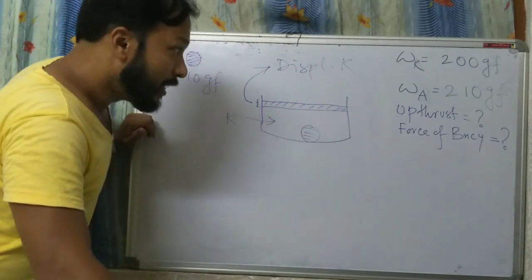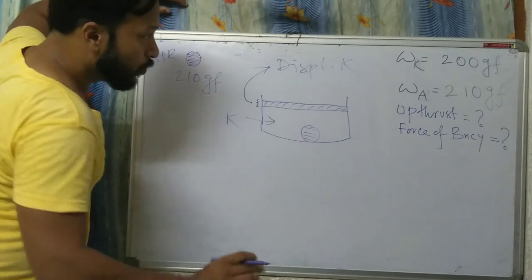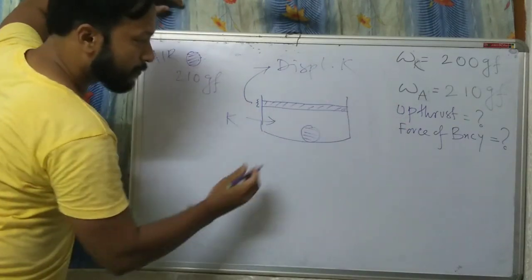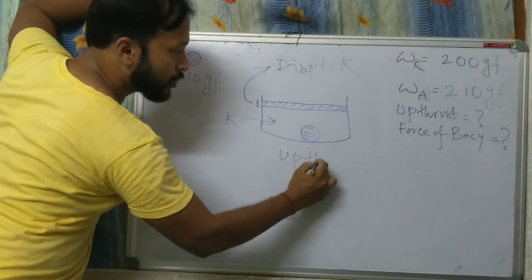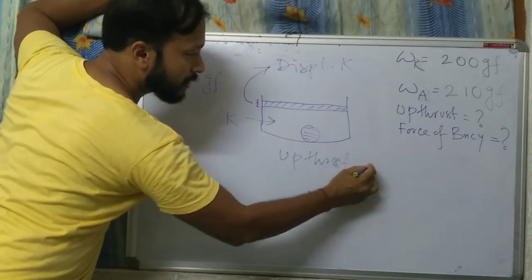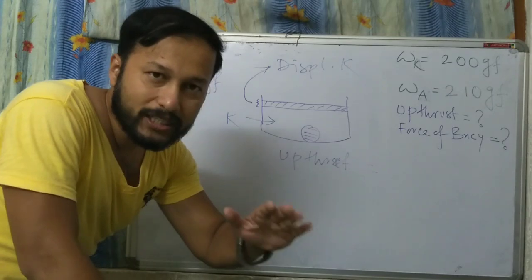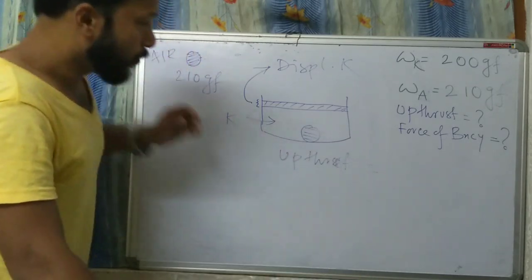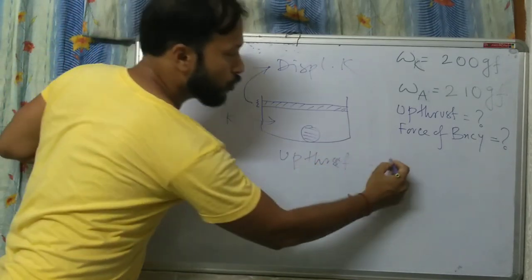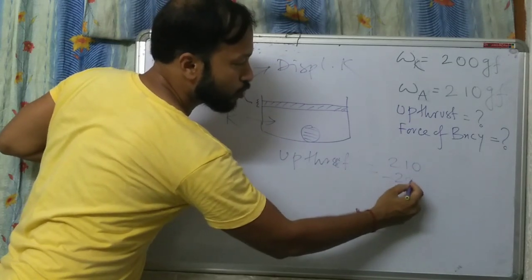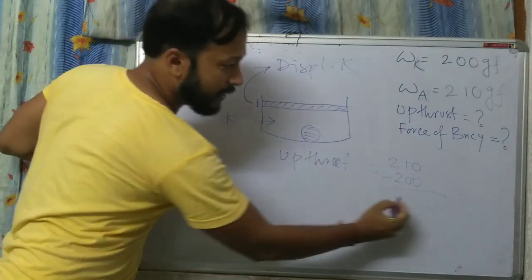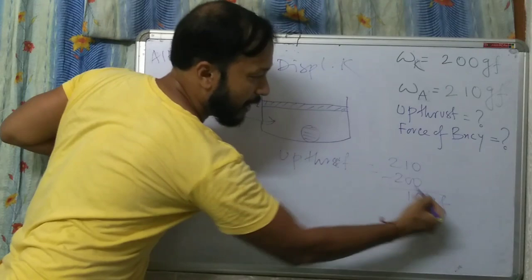Now, if I ask you, what is the upthrust? Upthrust equals the weight in air minus the weight in kerosene. The weight in air is 210, minus 200, it's 10 GF.